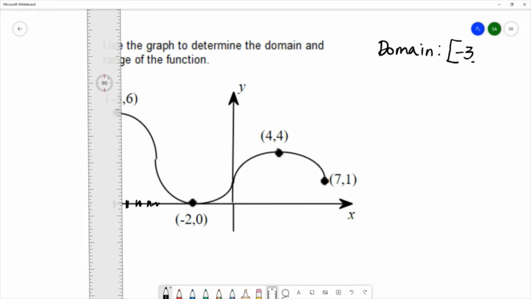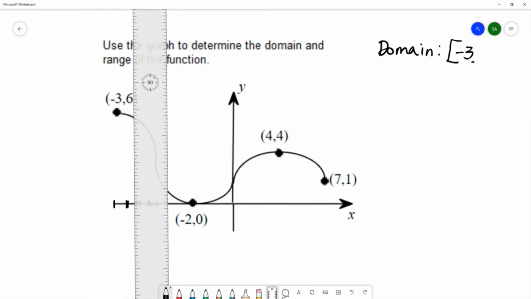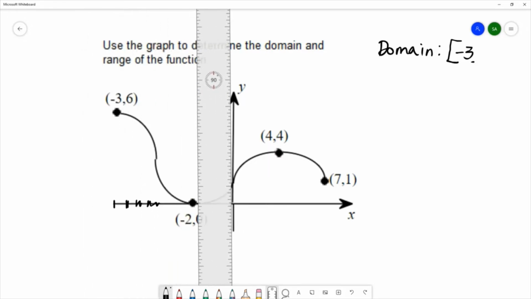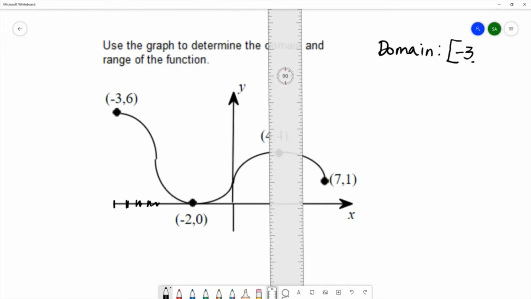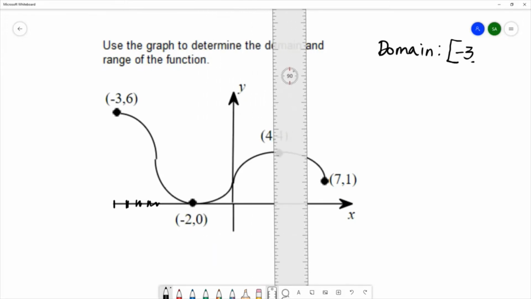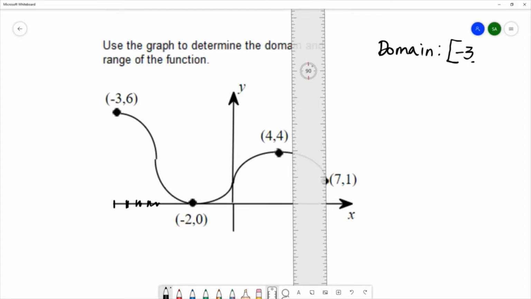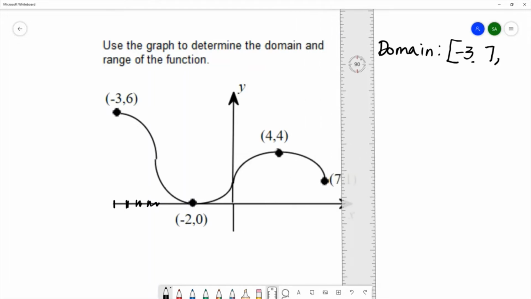I continue to hit the graph as I go from left to right, all the way until I get to this point over here, which is (7, 0). My domain is going to stop at 7 because I no longer hit the graph after that point.